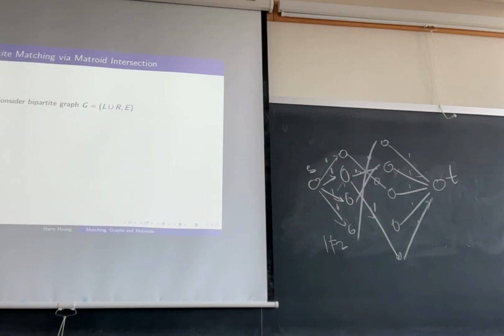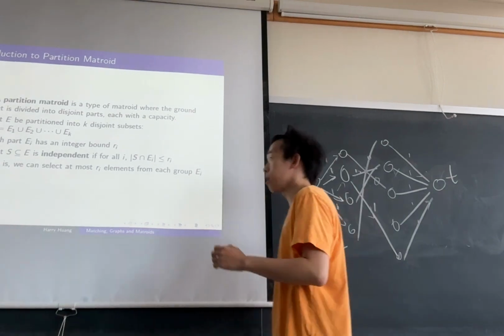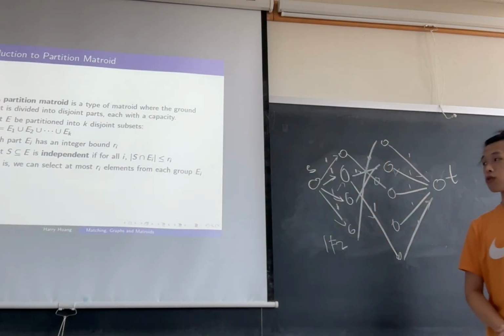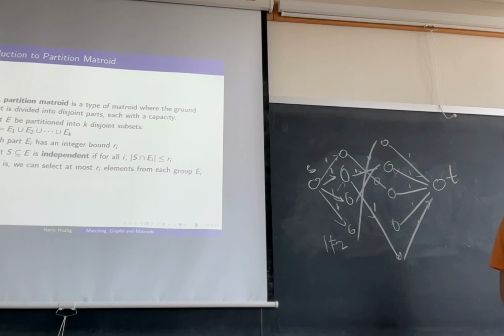So we introduce another matroid called the partition matroid. The partition matroid is used to solve bipartite matching. It is defined based on a given finite ground set, which we partition into k parts. Every part is assigned an integral bound greater than 0.